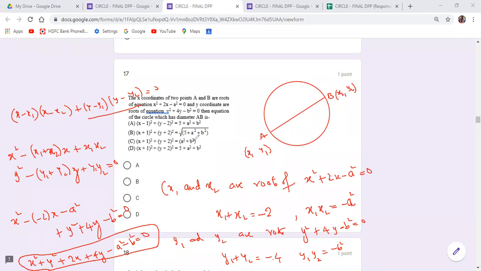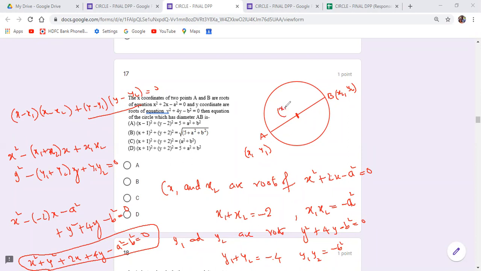Look at the answer which is tallying with this. (x plus 1) the whole square, (y plus 2) the whole square, so this will be this answer. Now convert this in this way. Otherwise, do one thing, there is a faster method. They have done it in another method.